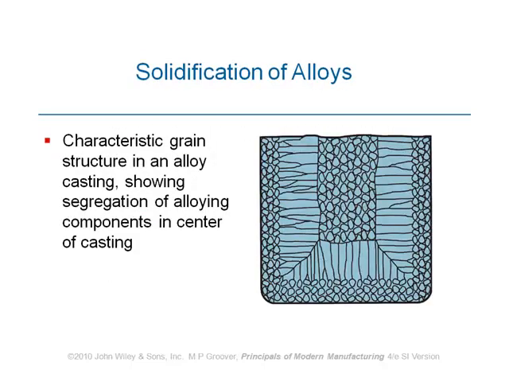And this is what we get for an alloy, which is very different to a pure metal. As you see, the skin of the material is still the same. And again, we've got dendritic growth of the grains inside the material. However, at the core of the material, again, we have got small grains of the material.